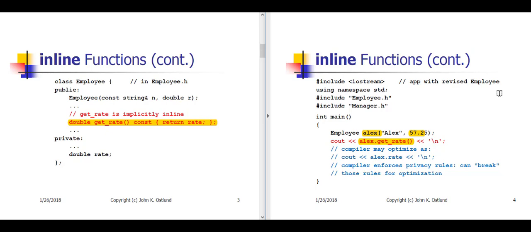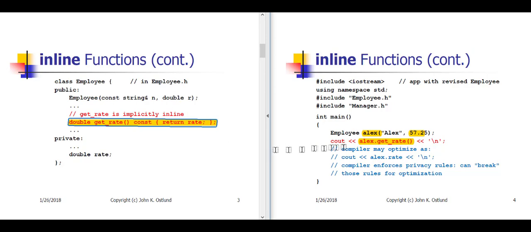But when the compiler compiles this code, the compiler may simply notice that the definition of the function is so simple, it's simply a return statement of the rate data member's value. The compiler may avoid the function call overhead and simply give you the value of alex.rate.